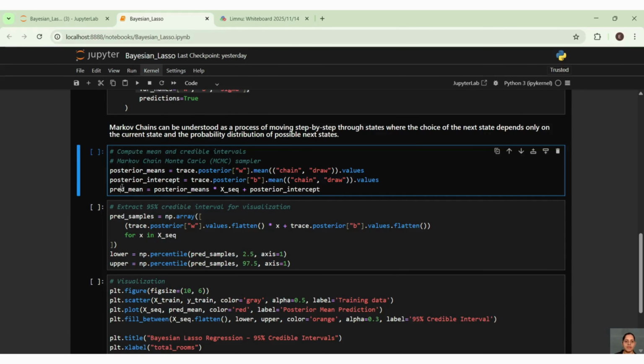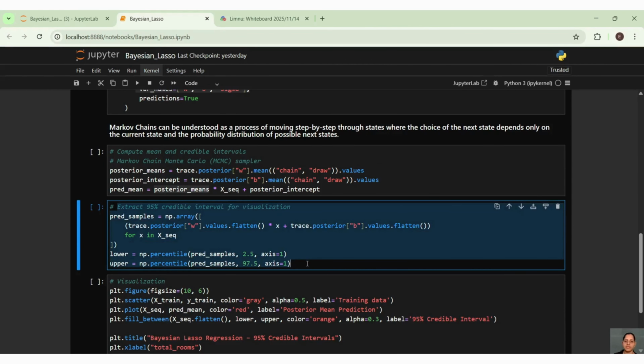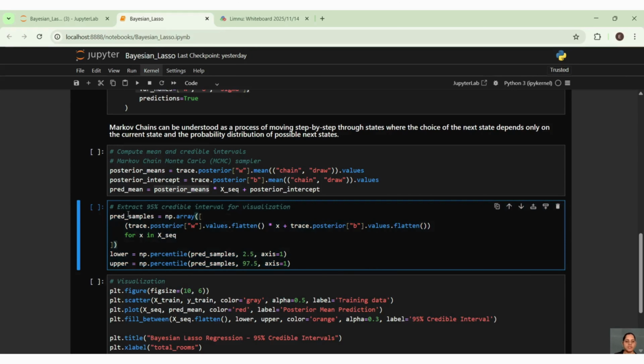Then we are getting our predicted mean. That is nothing but the posterior mean into x sequence plus posterior intercept. That's nothing but a formula, right, guys? Then we have to get our confidence interval. This is my confidence interval formula.